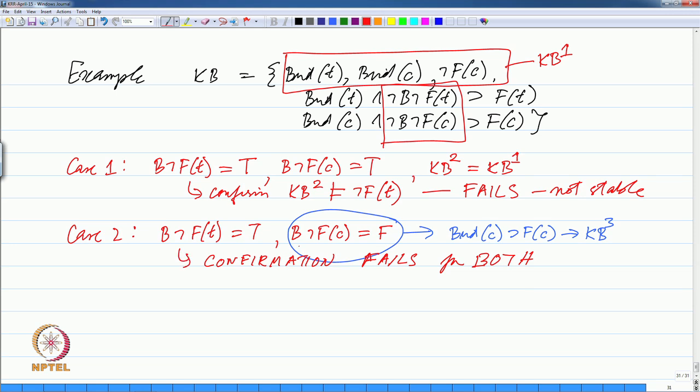So, this as well as this, essentially neither of the beliefs will lead to a stable statement, and as you can see you will end up concluding that chili can fly, which is obviously a contradiction.